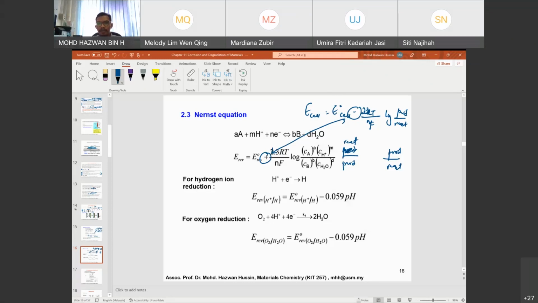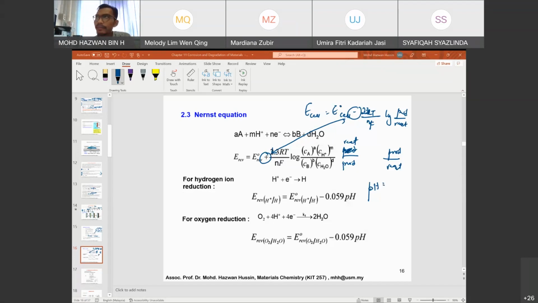Right. So the Nernst representation of a hydrogen ion reduction can be shown as follows. Over here, we can relate the Nernst equation with pH. The representation is as follows. Anyone know what the equivalent of pH is? pH is equal to what actually? You may have seen this in analytical chemistry.